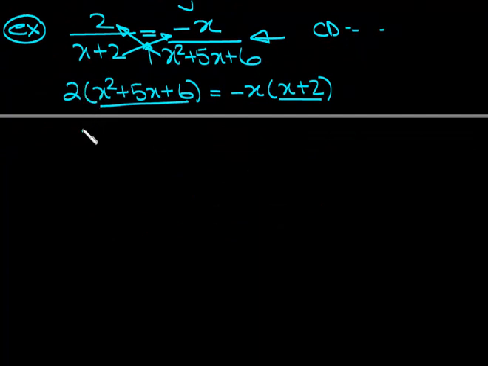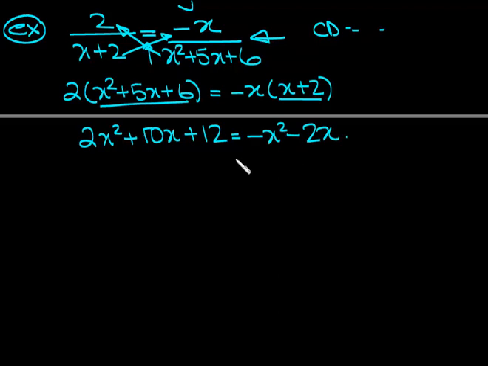We're going to get rid of the parentheses, so we get 2x squared plus 10x plus 12 is equal to, so what do we get on the other side there? We would end up with negative x squared minus 2x. Okay, so that's what we end up with on the right hand side. Now we want to go ahead and solve this equation.